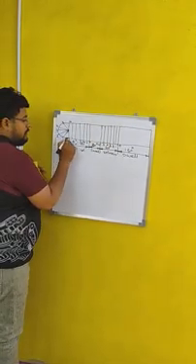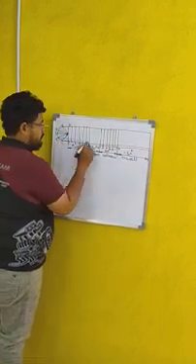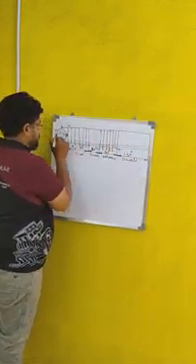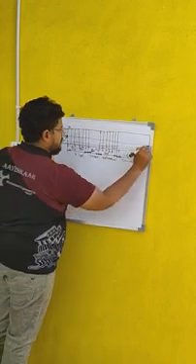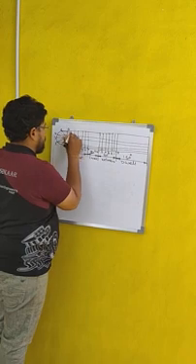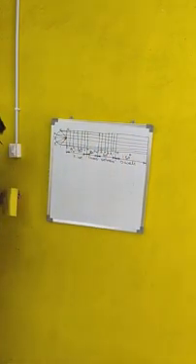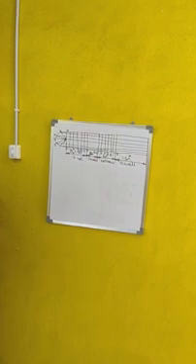Now project all the points 1, 2, 3, 4, 5. This is the displacement diagram for simple harmonic motion.